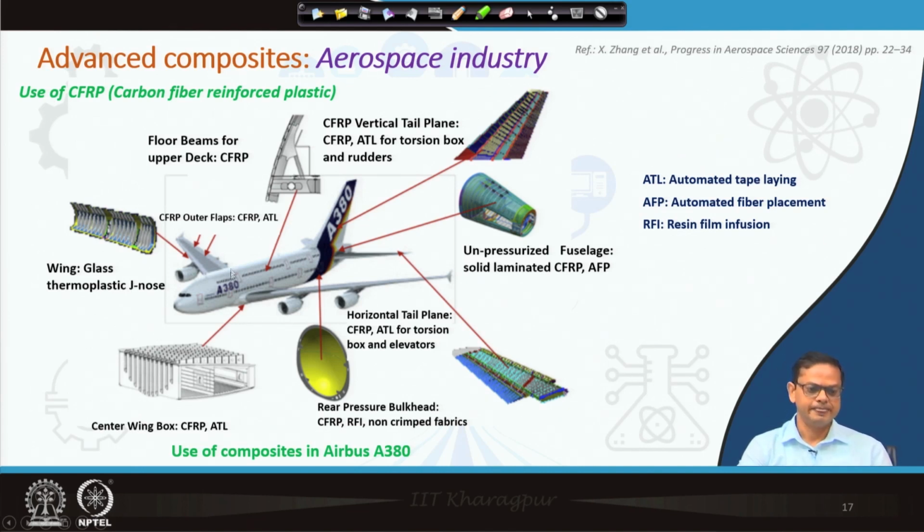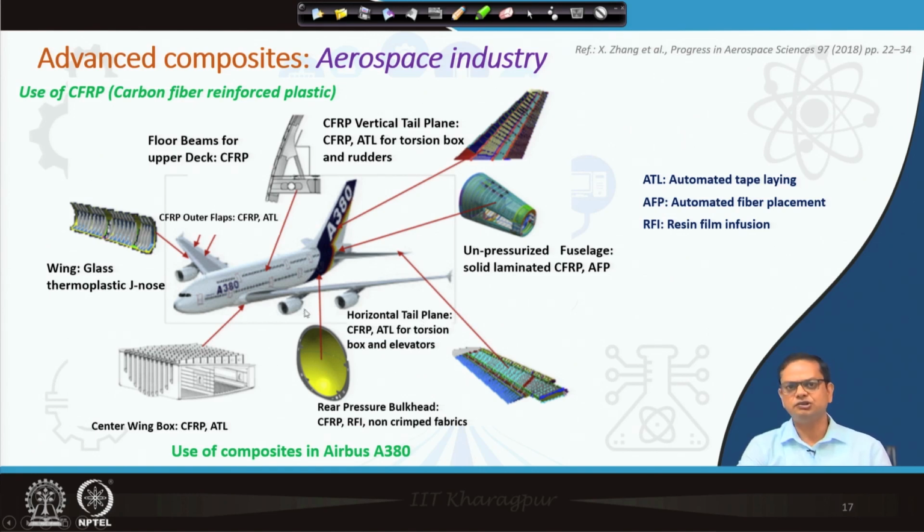The flaps are made of CFRP, and in this case it is made by automated tape laying. Similarly, you can see the vertical tail planes, again CFRP. Everywhere you can see, the tail wing is also made of a certain kind of CFRP.